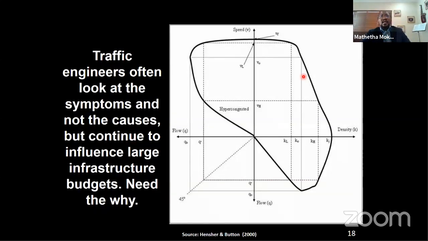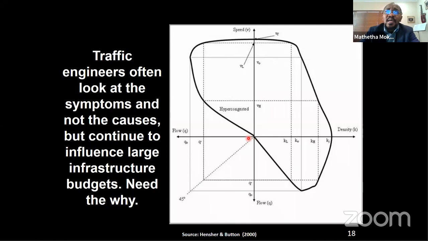And then another thing, traffic engineers will tell you the relationship between speed, density, and flow. As density, the number of vehicles per kilometer, increases, of course the speed reduces. As density increases, the flow, the number of vehicles per hour, will increase up to a point, and then of course it drops.